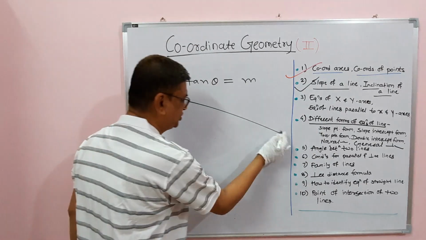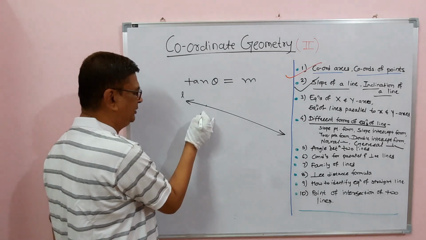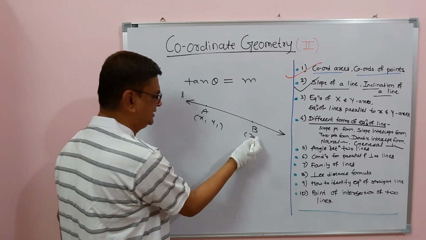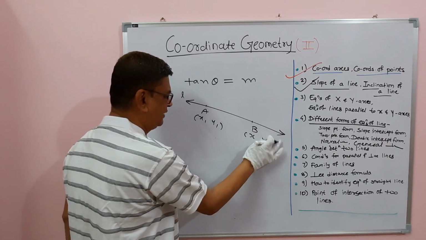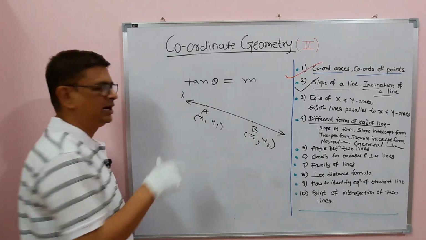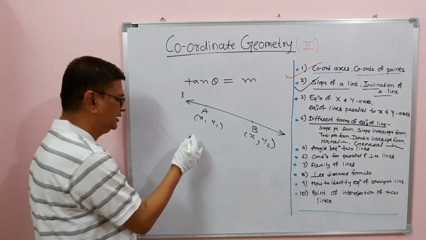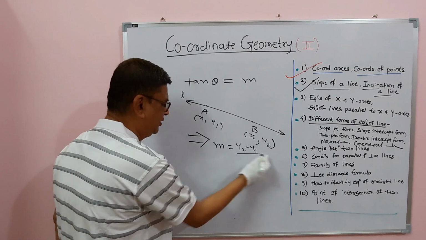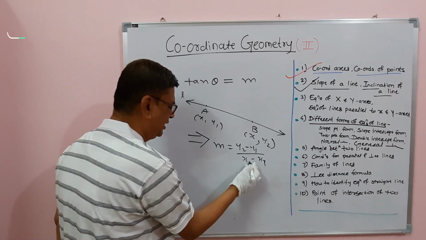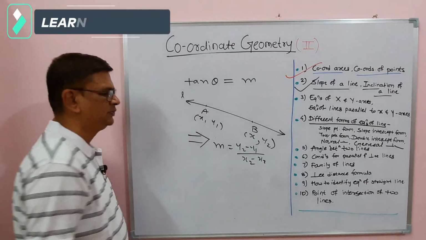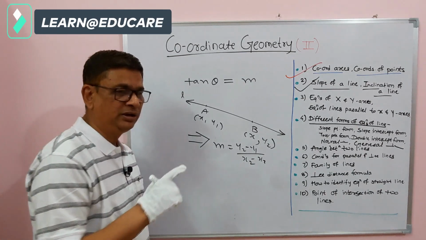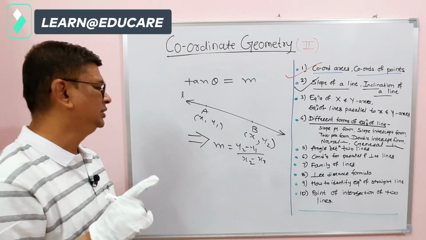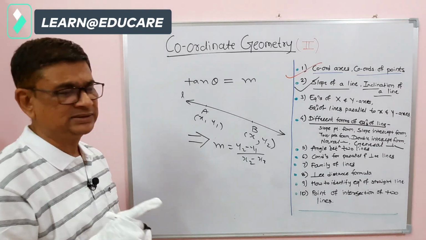If you consider a straight line L, and we know the coordinates of any 2 points on that line, suppose A(x1, y1) and B(x2, y2) are the 2 points on this line L, then the slope m is given by (y2 minus y1) upon (x2 minus x1), meaning it is the ratio of the difference between y coordinates to the difference between x coordinates.